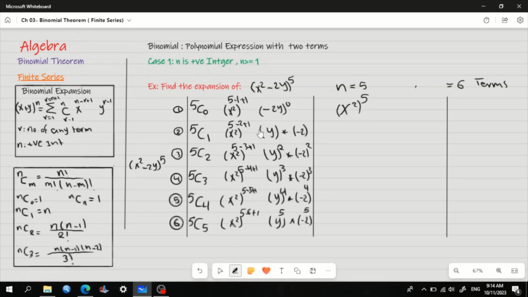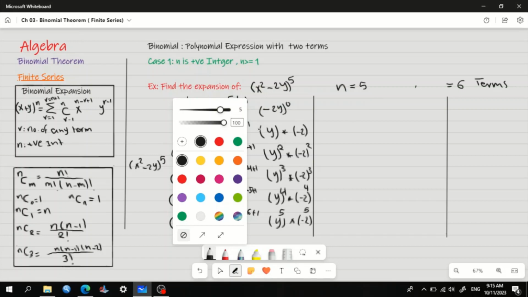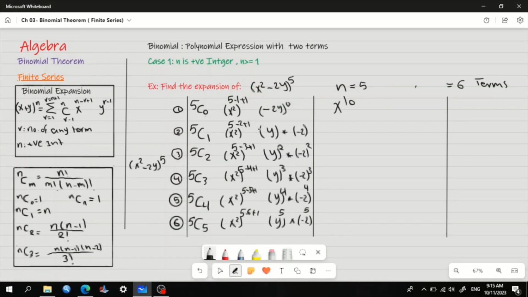Okay, so we have here 1 and x squared of power 5. So we have here directly x power 10. Okay, here we have 5 combination 1, so here we have 5 and x squared of power 4, x of power 8.